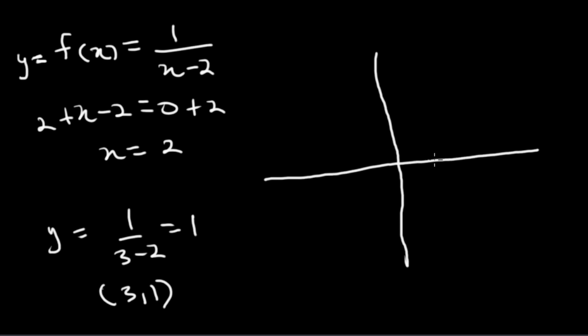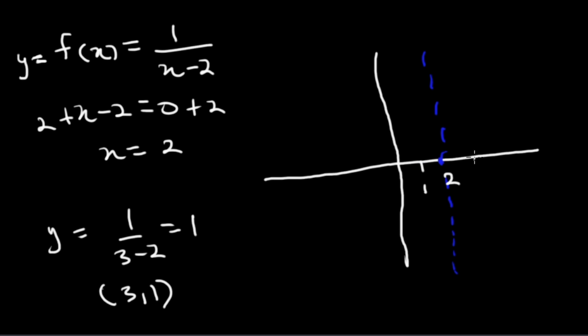So when x is equal to 3, first let's draw our vertical asymptote, which of course is a straight line. Let's represent that by a dot. So this is x is equal to 1. Let's put x is equal to 2 over here. This is our vertical asymptote at x equal to 2.